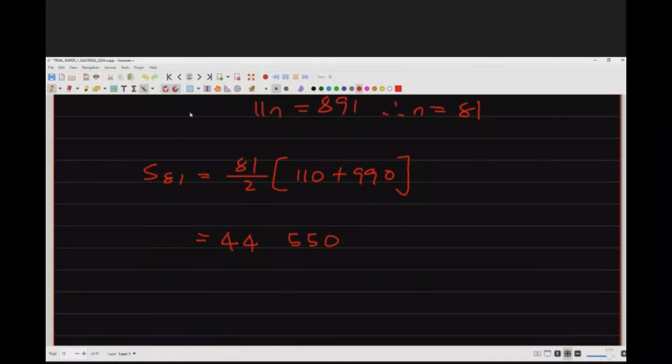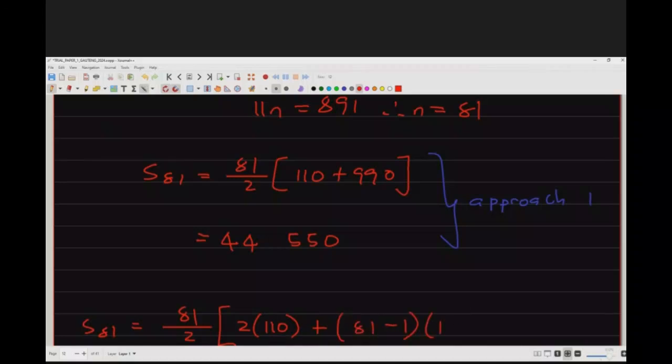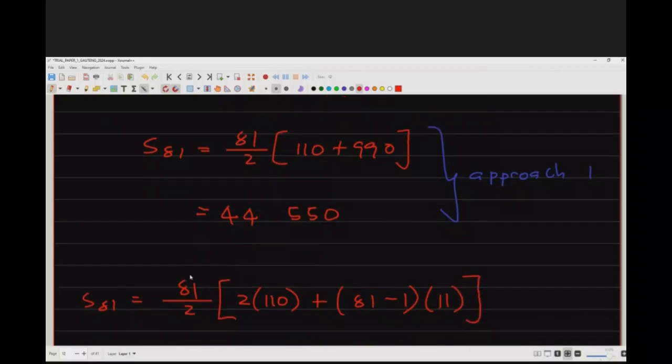All right, so we'll call that approach 1. If that's not the equation you want to use, you can also use S81, that's equal to 81 over 2 multiplied by 2 times 110 plus 81 minus 1 multiplied by that common difference of 11.